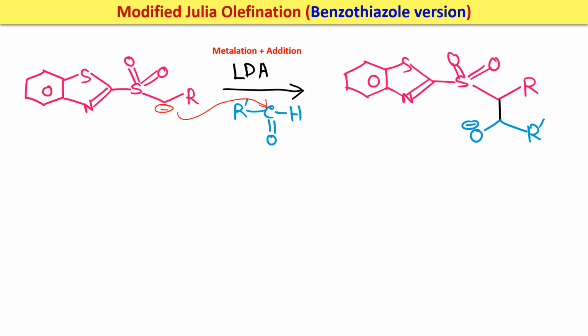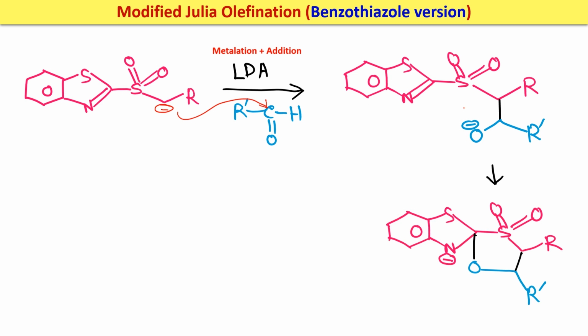So the initial attack of this carbon, whatever mixture of diastereomers there will be, that will be maintained ultimately. So that is why we are not getting particularly E alkene. Though it is true that it depends on reaction conditions, and you can see some research papers where depending on what reagents are used or some substituents in the starting material, there can be some stereoselectivity, but in general we cannot say that we will get E alkene only, unlike original Julia olefination.